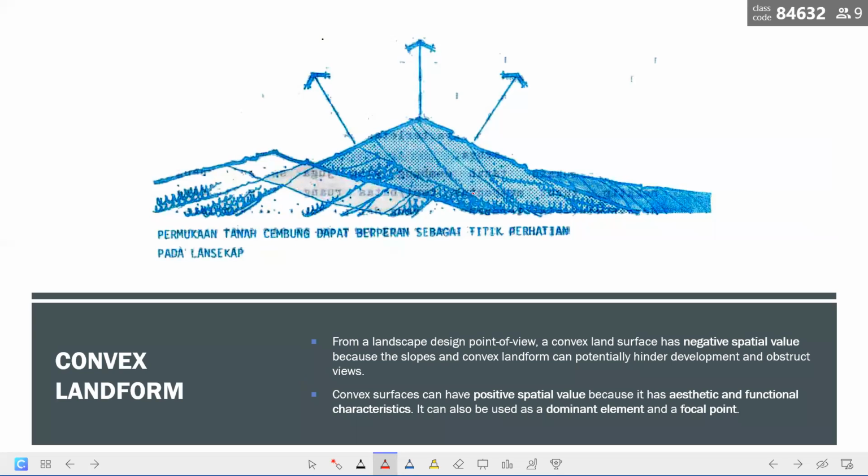So if you have a hill or a mound in or around your site, then you can use that to your advantage and turn it into a focal point where it can be the landmark of your development.